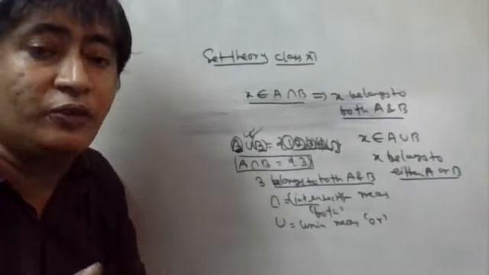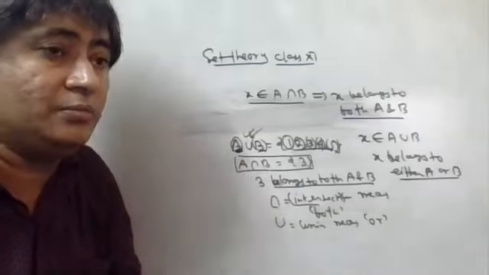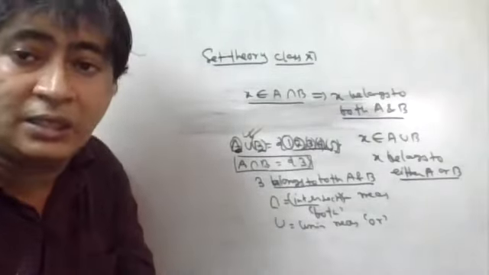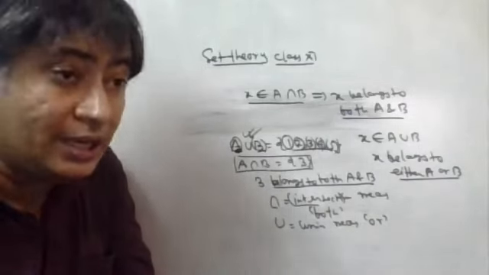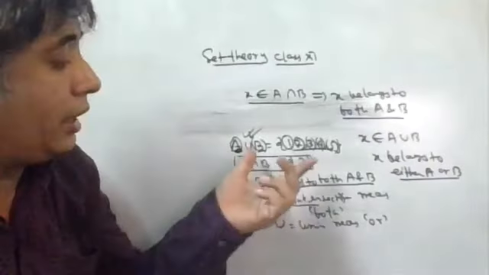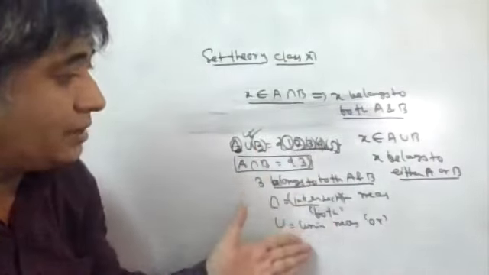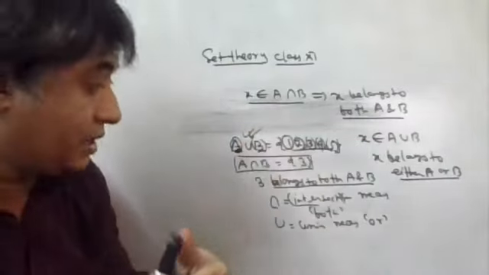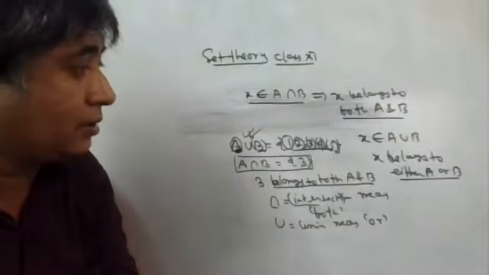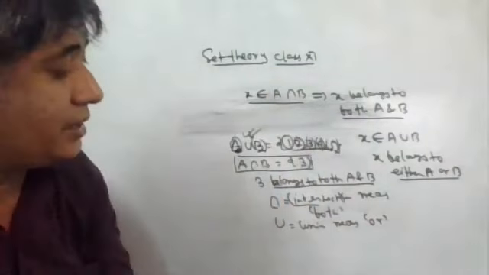Students generally get confused here, but if you analyze this example and go through the language of this type, you can easily comprehend the concept of union and intersection.